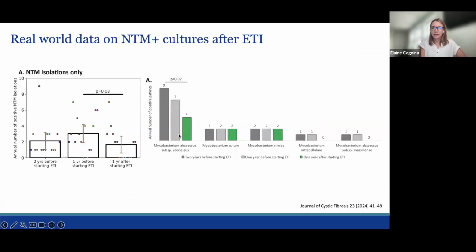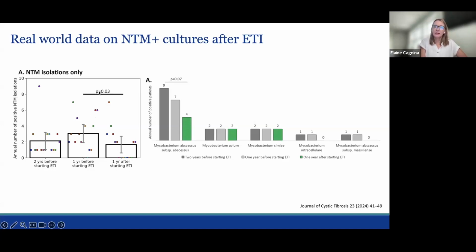We have very poor data on NTM cultures after ETI. This is a single center's experience published in 2024, and they just looked at the annual number of positive NTM isolations 2 years before starting ETI, which is Trikafta, 1 year before starting ETI, and then 1 year after starting ETI.